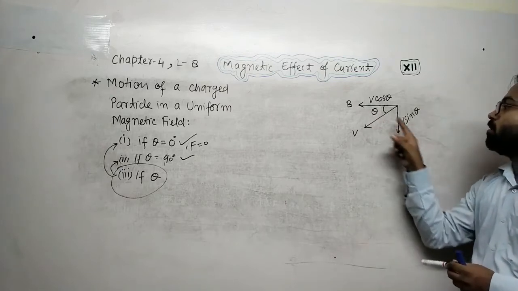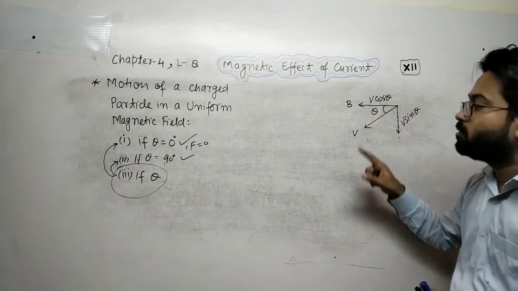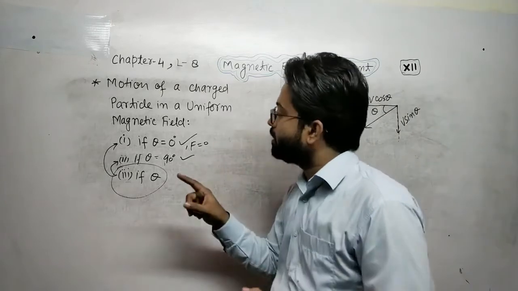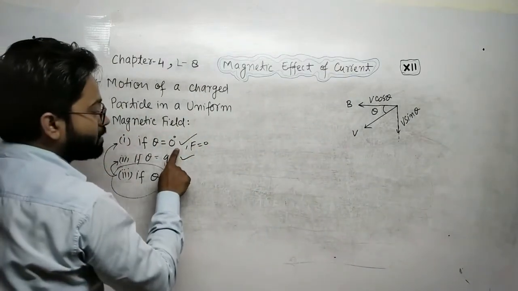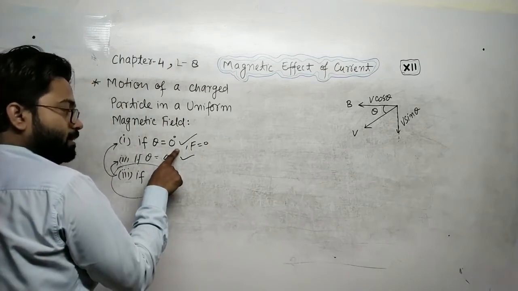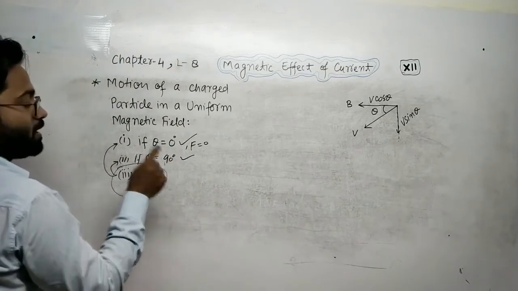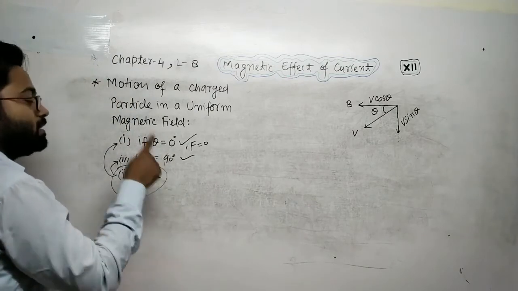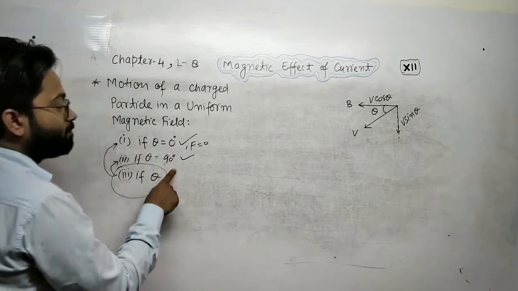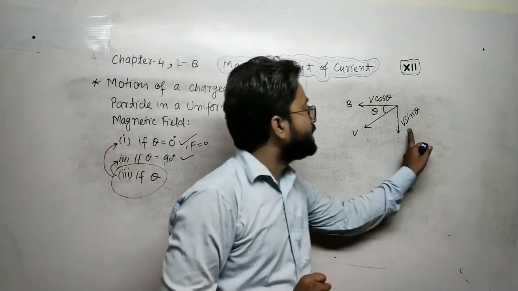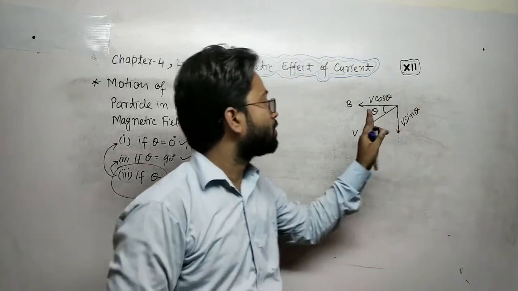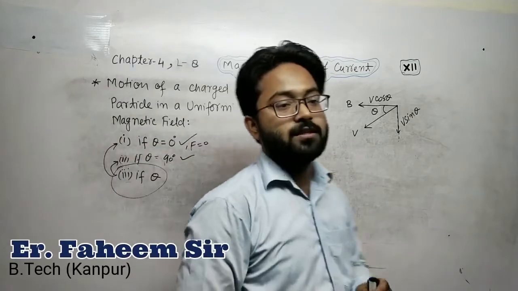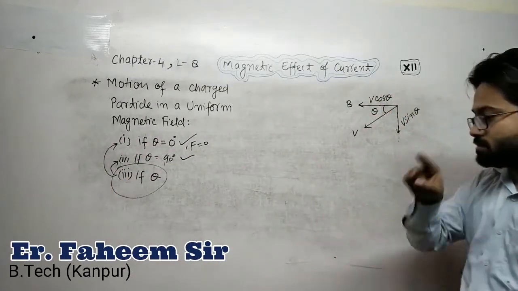Only the perpendicular component will be responsible to rotate the charged particle in a circle, because there was no effect of the magnetic field in the first case. Only the charged particle is in motion. In the second part, when the charged particle is moving perpendicular to the magnetic field, v sin theta, the perpendicular component of the velocity, will make the charged particle revolve in a circle.